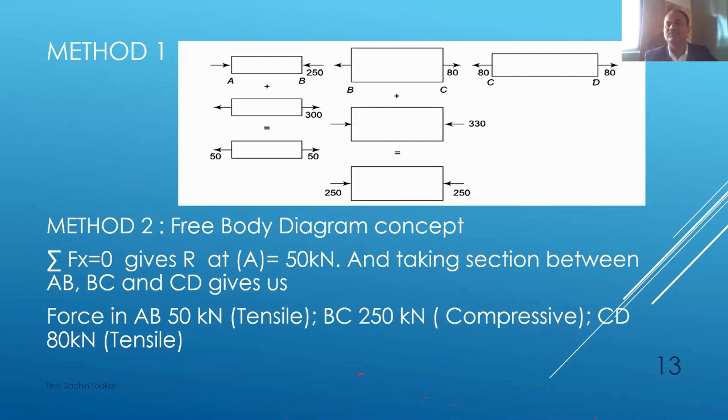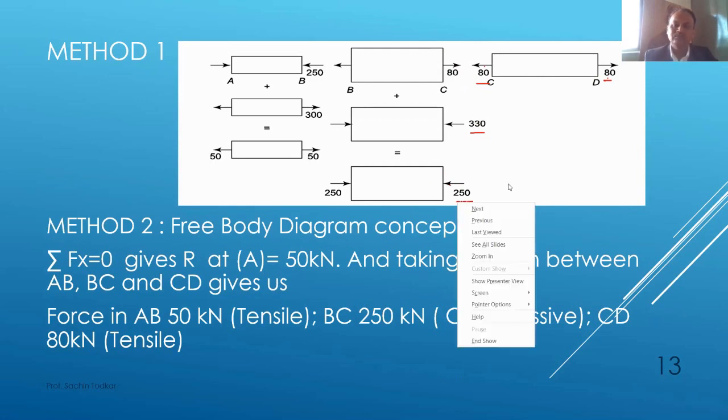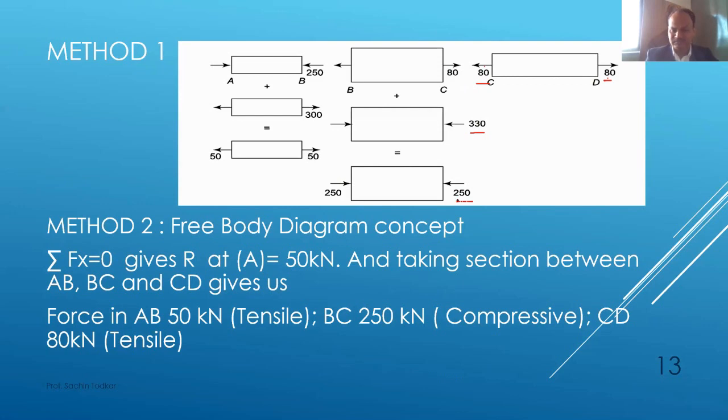Firstly, what you have to do: 80 kilonewton on this particular segment. To balance this, we are going to write here 80 kilonewton. Then 330 kilonewton is given. So 80 minus 330 will get 250 in this direction. This is a simple kind of thing. So 250 will be here. Now for balancing 250, we have to write here 250.